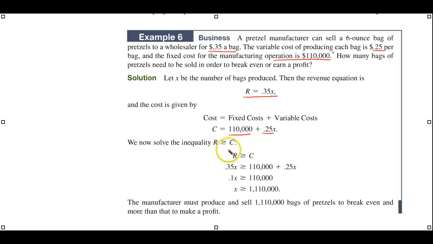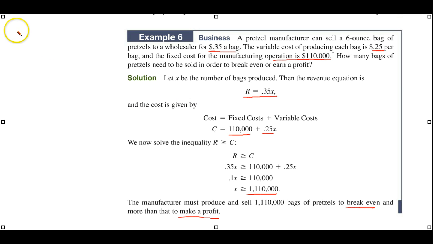And we have this relationship that revenue must increase beyond cost to make a break-even and profit. So we end up with this solving. We would need to sell 1,110,000 bags to break even, and then just one more to make a profit.